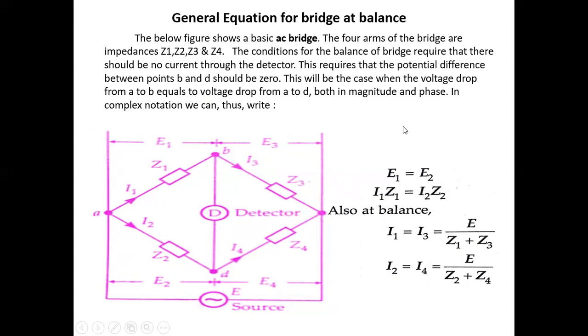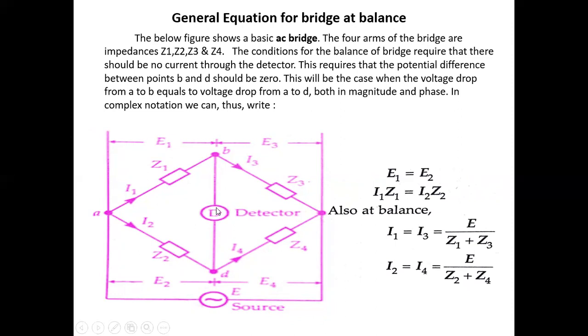Each arm has an impedance Z1, Z2, Z3, Z4, and the source is connected between the points A and C, and the detector is connected between the points B and D. The detector shows the bridge balance condition. When the detector shows zero reading, that means the bridge is balanced.